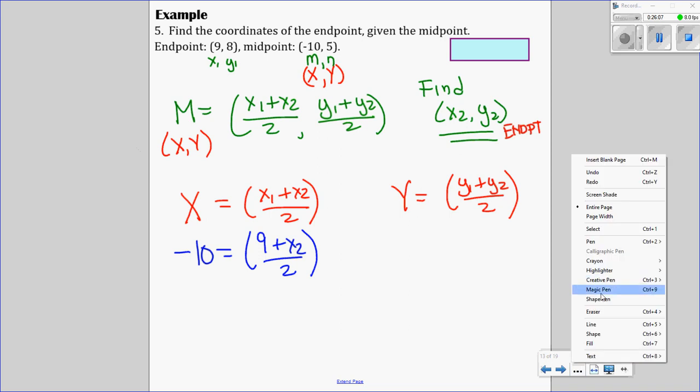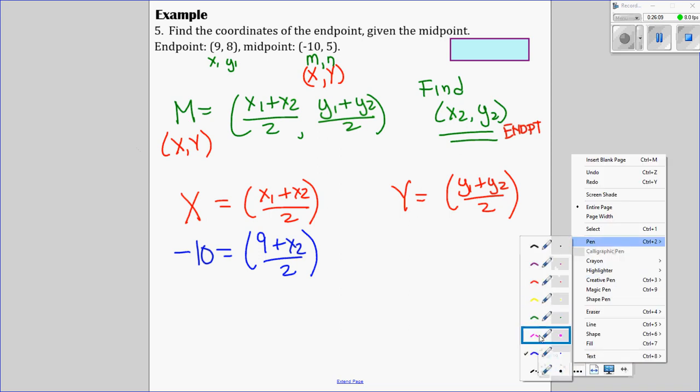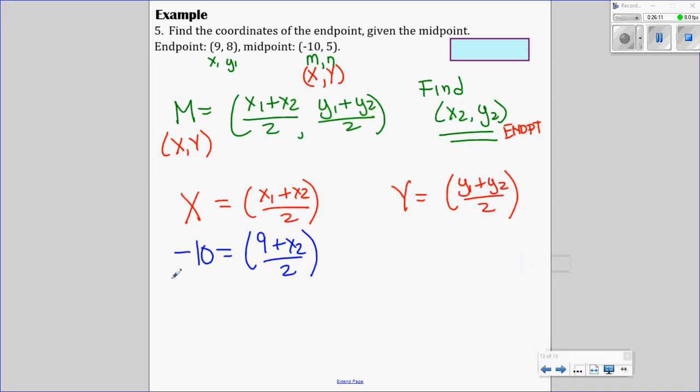So I'm going to use another color for the work part. So this -10 is the same as -10 over 1. And then you cross multiply. So this would be 9 plus x2 equals -10 times 2. You keep this the same, you can't combine because you're solving for this unknown variable.